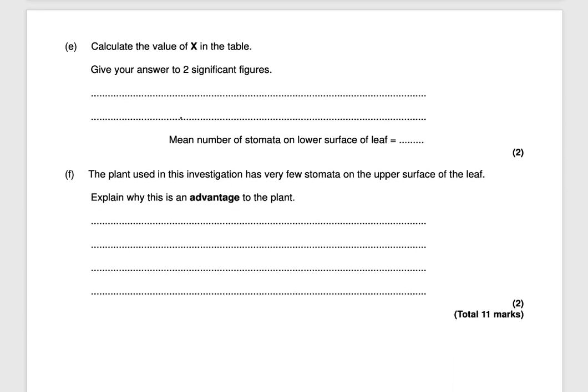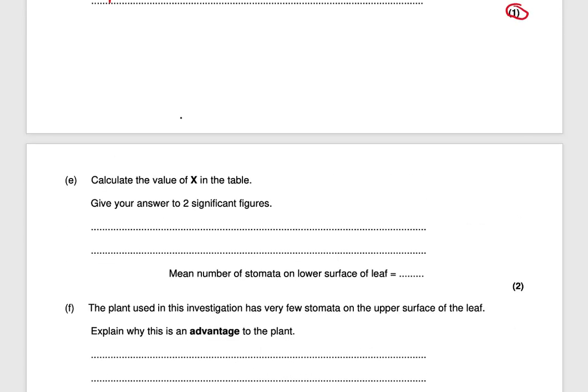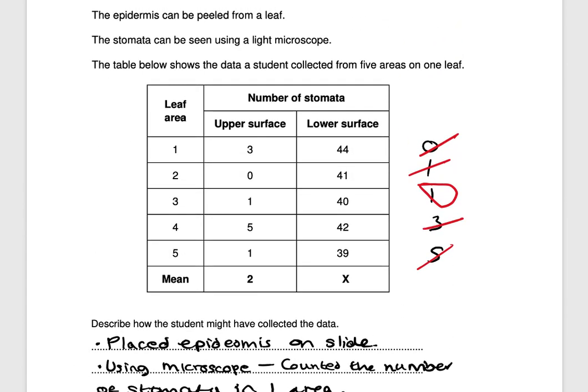Okay, final 2 questions. Calculate the value of x in the table. Give your answer to 2 significant figures. So where is x? X is the mean for the lower surface. So all you would do is you would add all these numbers together and divide by how many numbers there are. So you would do 44 plus 41 plus 40 plus 42 plus 39, and you would divide it by how many there are.